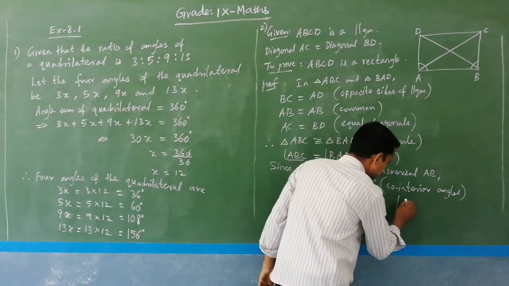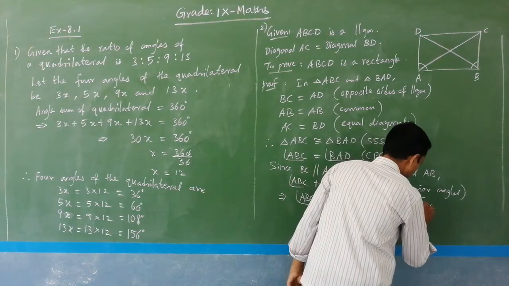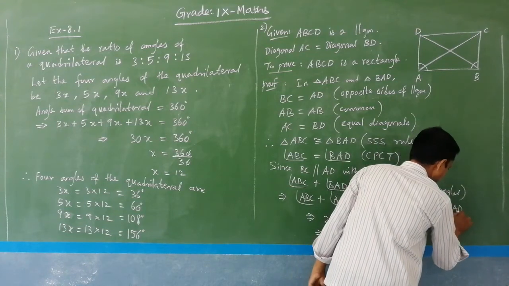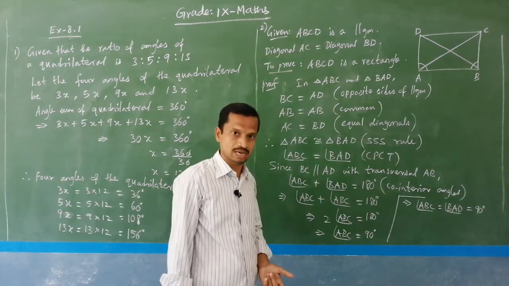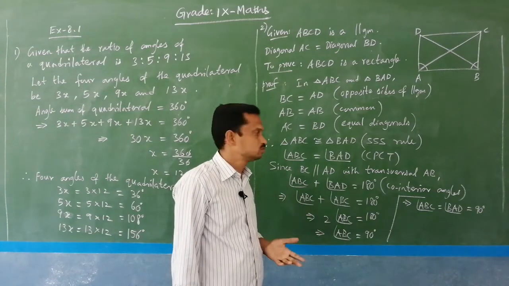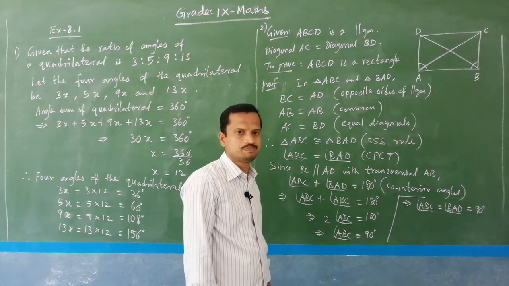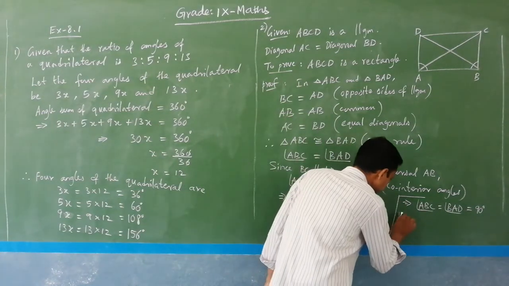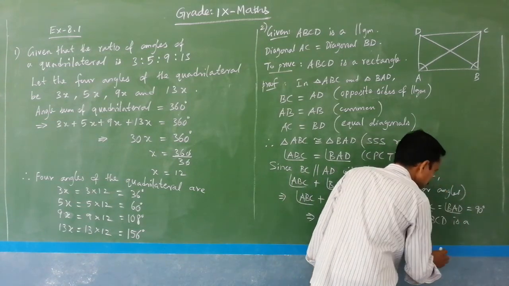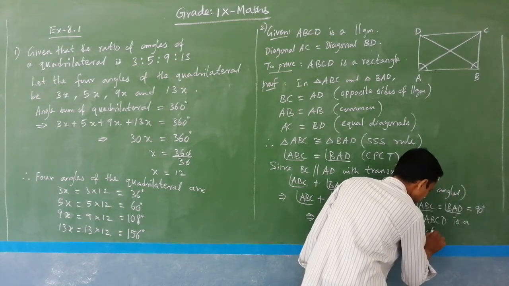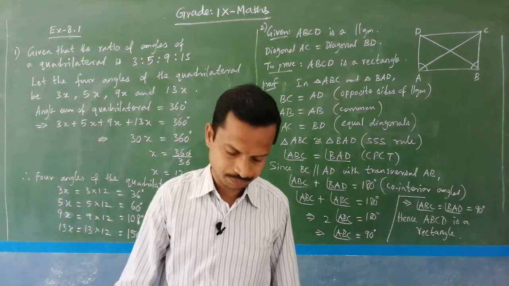So, angle ABC and angle BAD are both equal to 90. If any one angle is 90 in a parallelogram, then that becomes a rectangle. But here two angles are 90 degrees, so we can easily say ABCD is a what? Rectangle. Hence, ABCD is a rectangle. Easily we can say. So, this is the way to prove.